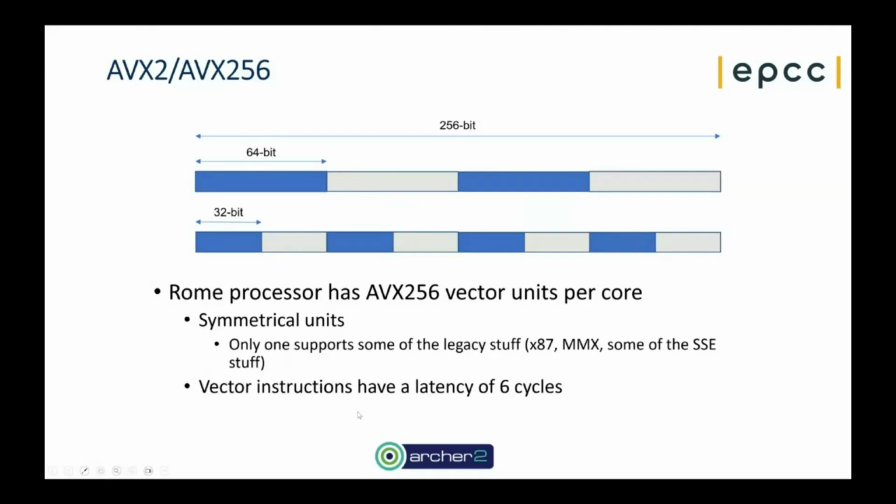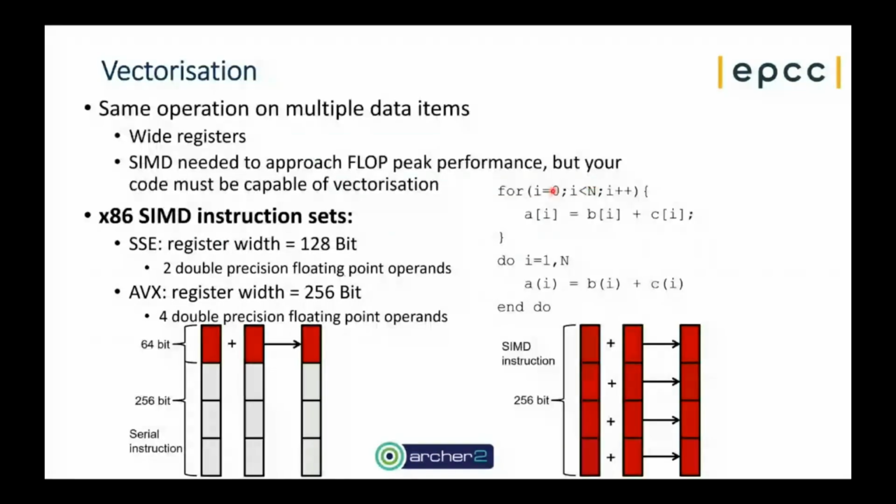Going back, if n here was 8, so I've got 8 iterations, that would turn into 2 vector instructions of 4 each. That's not enough to fill up that pipeline in such a way that I get good performance out of it, because it would take me 7 cycles, 6 for the first one and 1 more for the second, to get those 8 results.